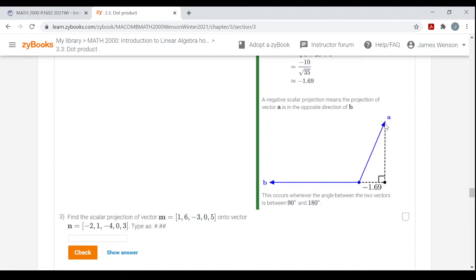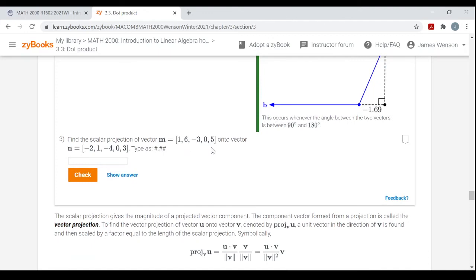And when I draw the projection of A onto B, notice it doesn't go onto B, it goes onto the line containing B. But I do still draw from the end of A perpendicular to this line that has B on it. And you see how this projection vector from this point to this point is pointing in the opposite direction of B, and would have a length of 1.69.